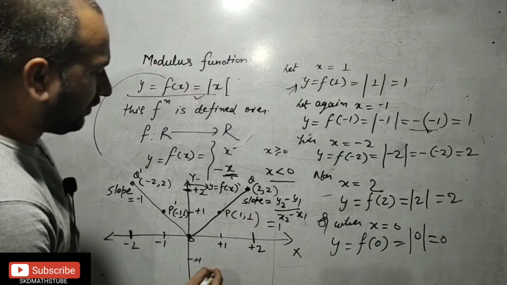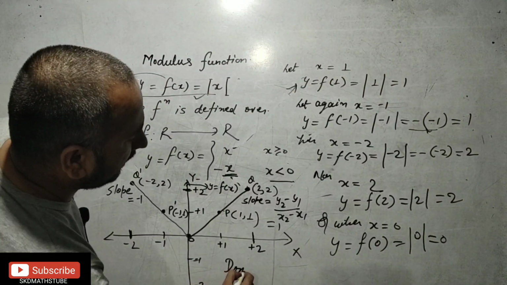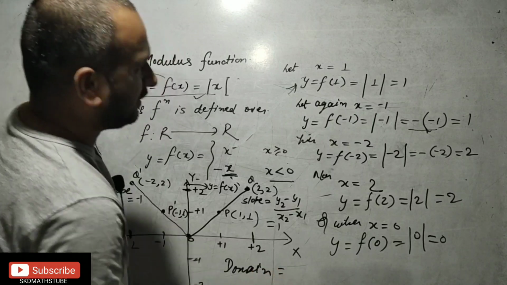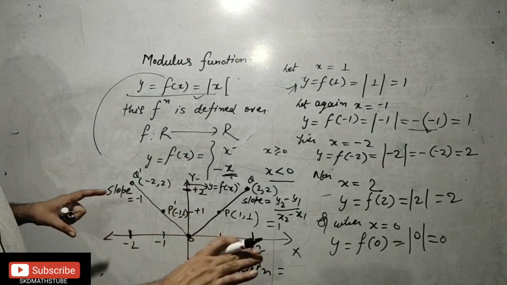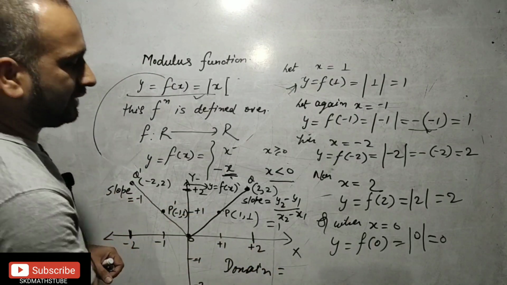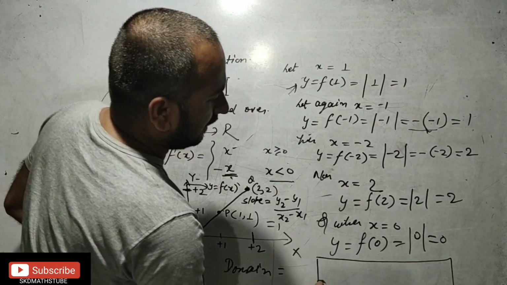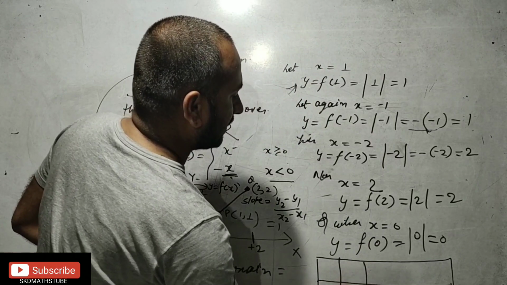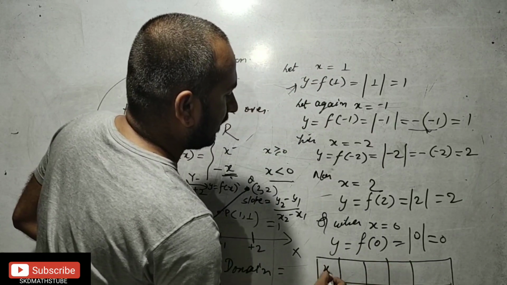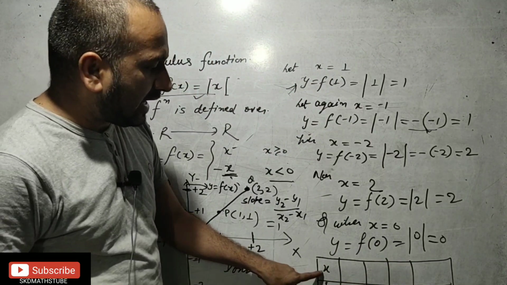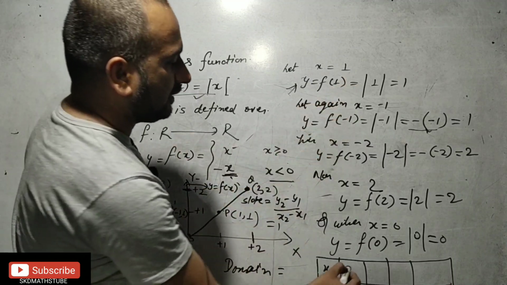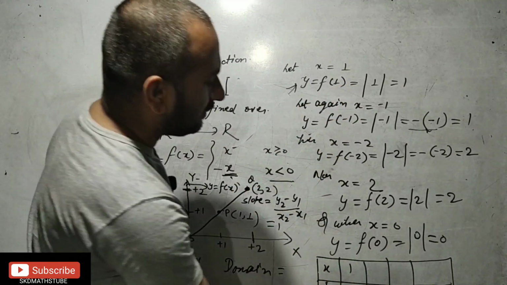So what is the domain of this function? Listen students, I am making a table here with some values of x, and after that we will put the values of y. When I take x equal to 1, y is also 1.